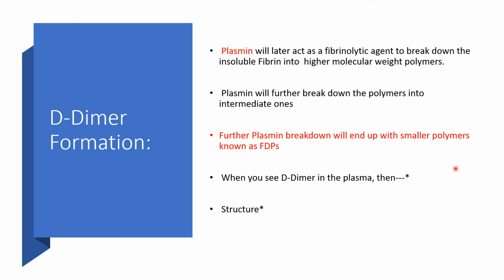So different structures, but the clue here is that when you see D-dimer in the plasma, then the coagulation system must have been activated, and we must be dealing with thrombosis or DIC somewhere. Is it venous thromboembolism? Is it DIC that is not classified yet? But the truth here is that it is not only under those two conditions that we can find D-dimer.